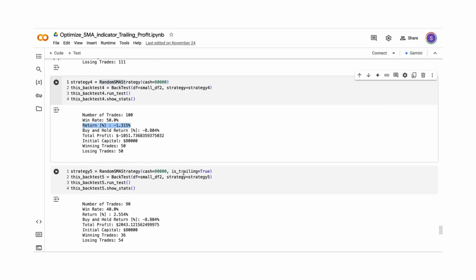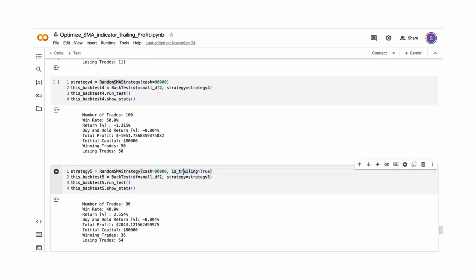And now we use our secret ingredient, the trailing stop loss, along with the simple moving average. Now we are able to get returns which are positive and much better than the buy and hold. As you can already see, we made an almost 3% improvement in the returns simply by making a simple change, which is adding this trailing stop loss.